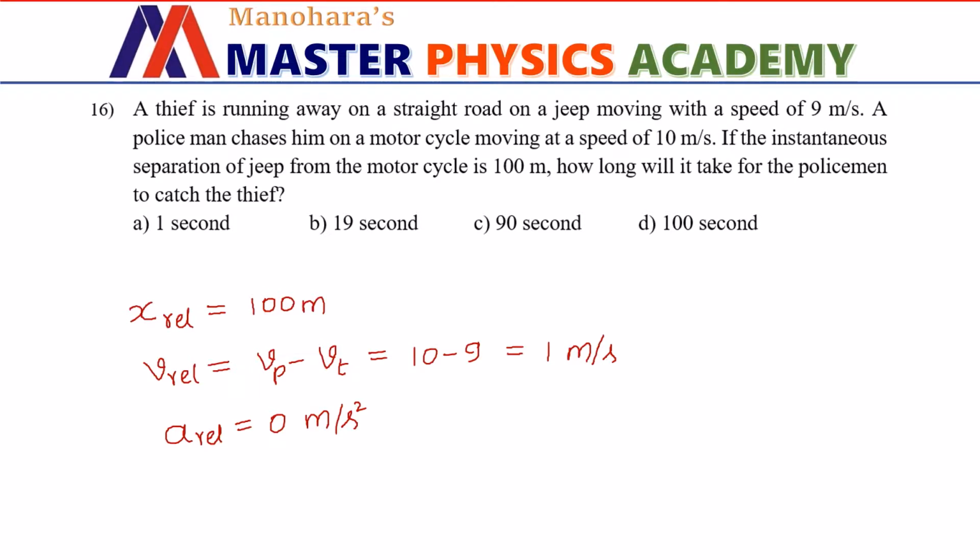Now, the time can be calculated using the formula: the relative distance of separation divided by relative velocity, which is 100 divided by 1. Therefore, time is 100 seconds. Option D is the right choice.